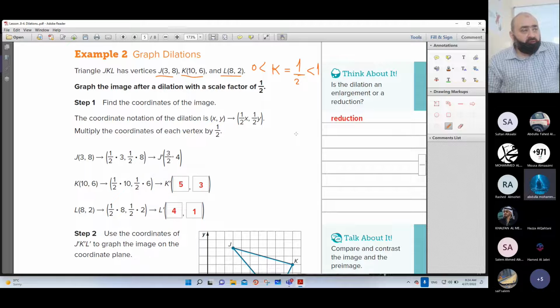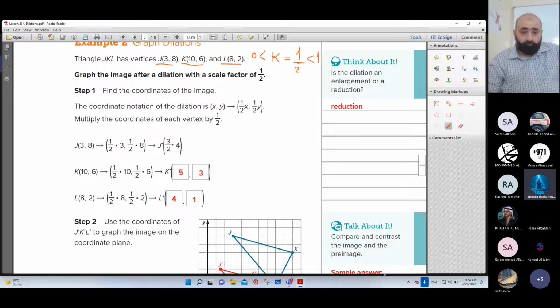Is it enlargement, no change, or reduction? Reduction. Great. So find the coordinates of the image. The coordinate notation of the dilation is (x, y) goes to (half x, half y). Multiply the coordinates of each vertex by 1 over 2.